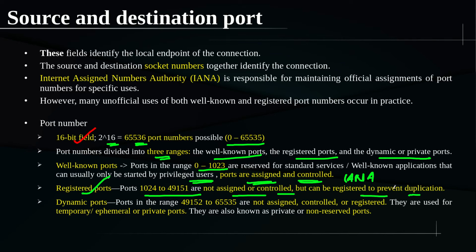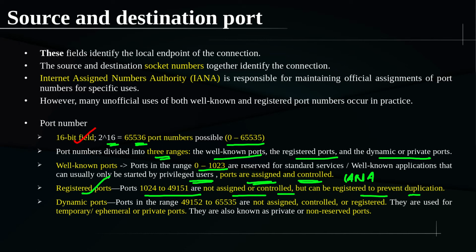If a particular application registers against a particular port, the others will not use it, so that avoids confusion. By looking at the registered list, everyone will know which ports have been registered by other users, and whenever I come up with a new application, I can register something which is not used by others. In that way you can prevent duplication of port number usage by making use of the registered ports range.